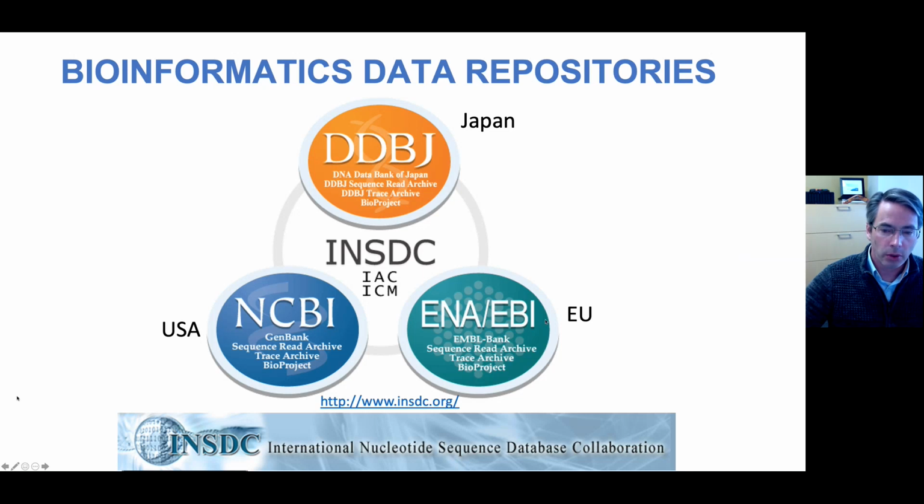So those teams will develop a new software tool and it will be deployed on their set of servers. And so sometimes you'll find tools that are available on one and not the other. If they turn out to be really useful, then they tend to get migrated over to the other sites. And I give a link if you want to know more about what's going on behind the scenes with these databases. You can read about that collaboration.